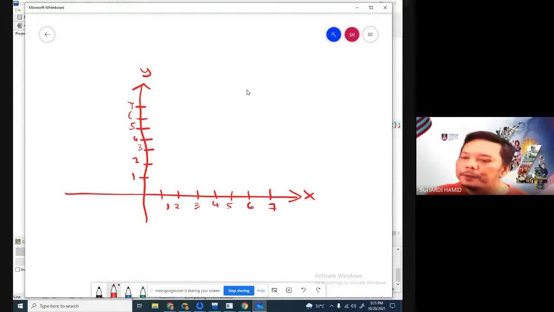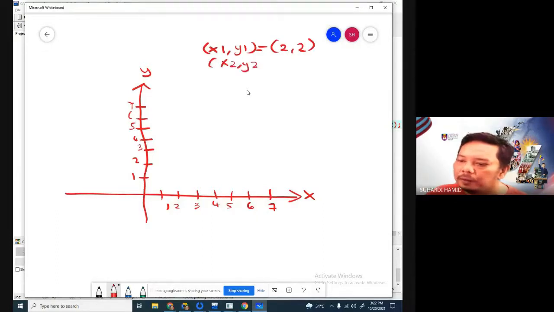All right, suppose that x1, y1 is 2, 2. x2, y2 is 4, 4. And let me change the color. Two, 2.